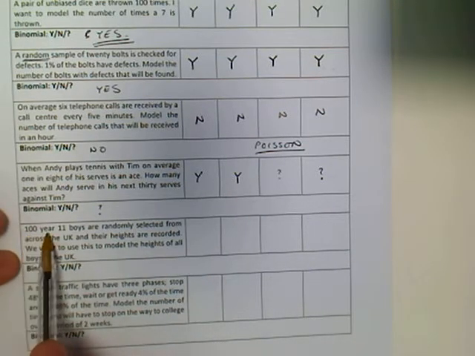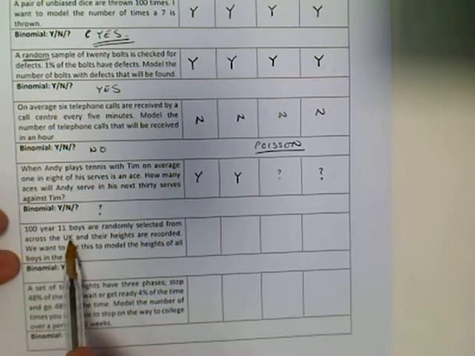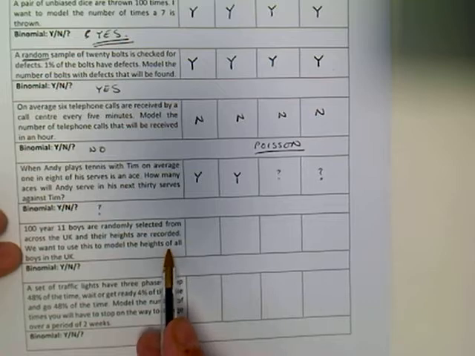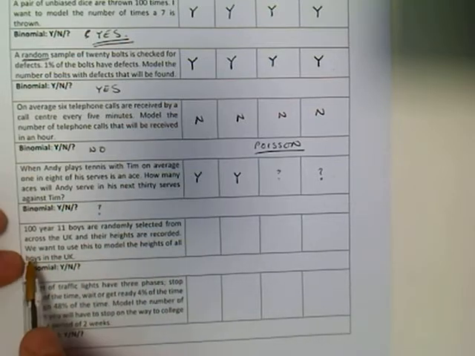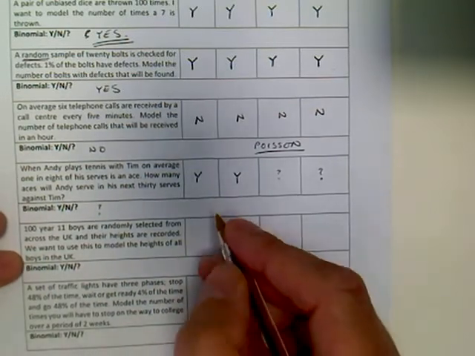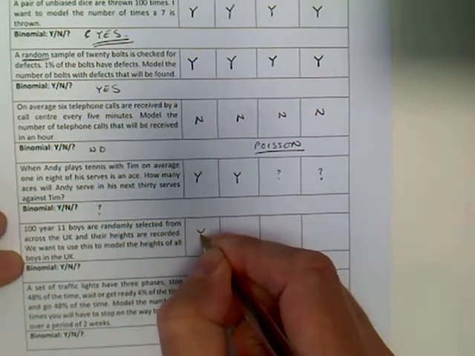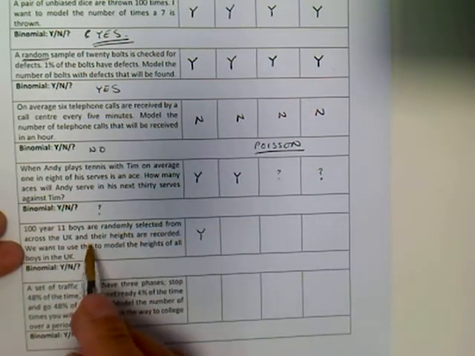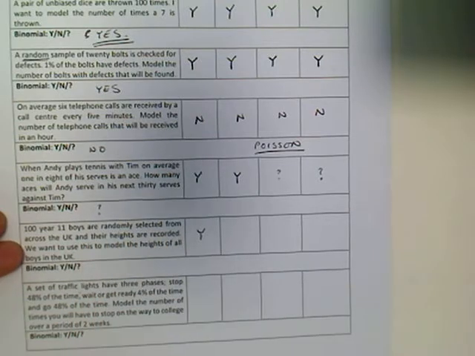Next one. 100 Year 11 boys are randomly selected from across the UK and their heights are recorded. We want to use this to model the heights of all the boys in the UK. Fixed number of trials, so we're testing 100 boys, so that's fine. We're measuring their heights. So we've got a problem here, haven't we? Because this is not two outcomes.